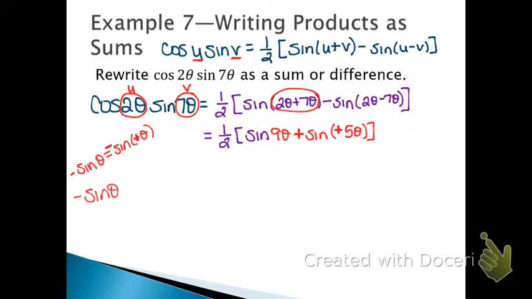So it means that negative sine of theta is the same as sine of negative theta. So if I want to change the sign inside there, that means it's going to become positive, which means it's going to change the sign on the outside of it. So that's why I changed the sign of both of those. So we end up with 1/2 times sine of 9 theta plus sine of 5 theta.